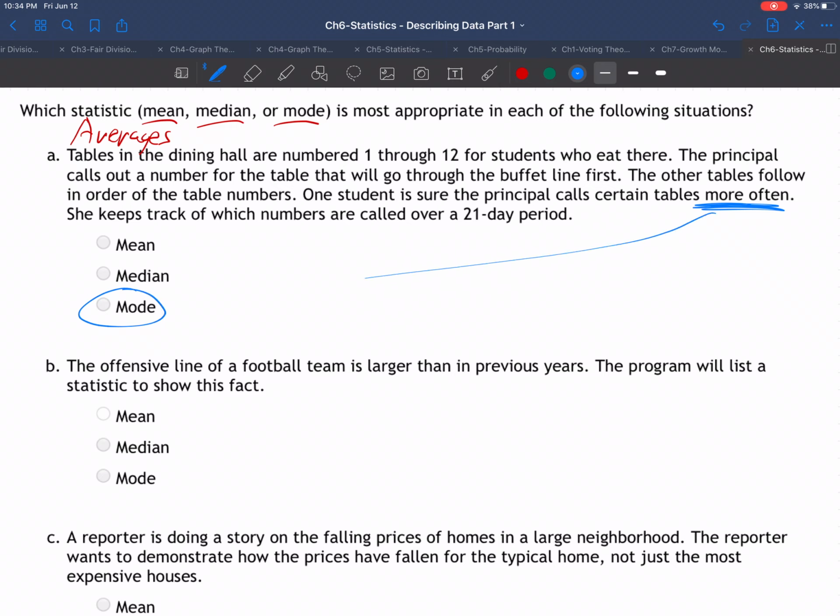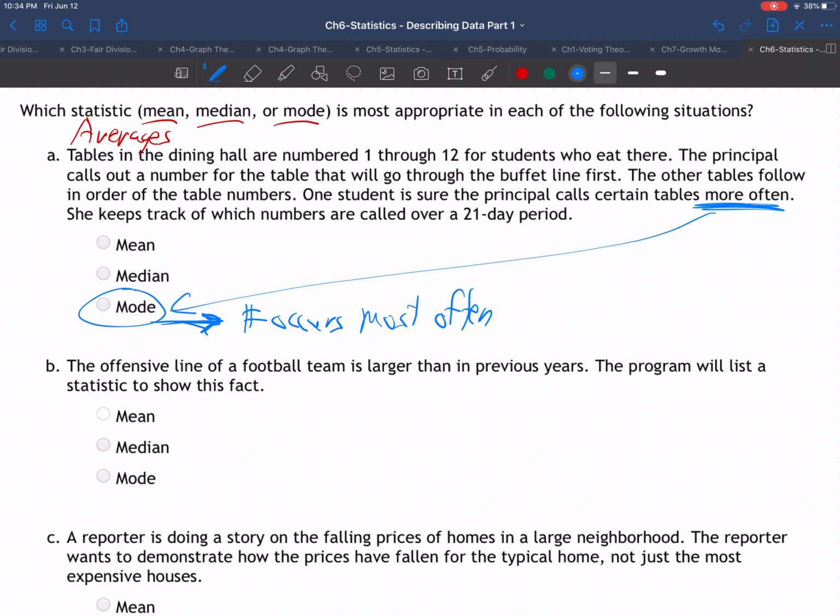That's mode, isn't it? Mode is the number that occurs the most often. So that's mode, and we use mode as an average.